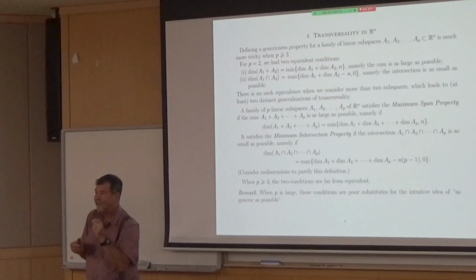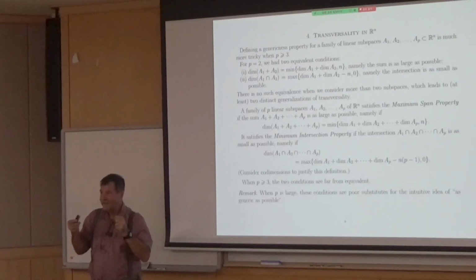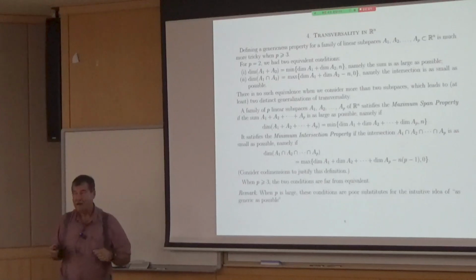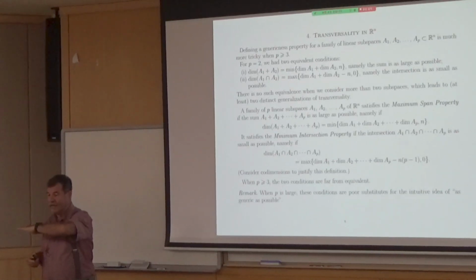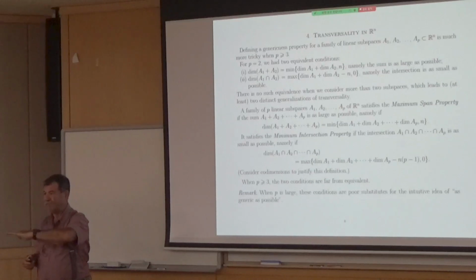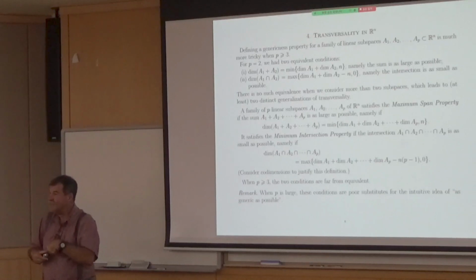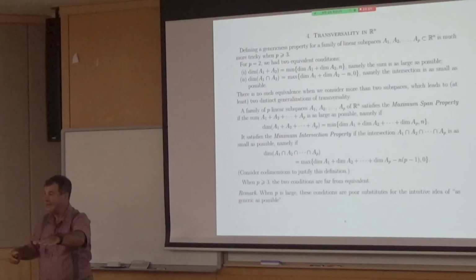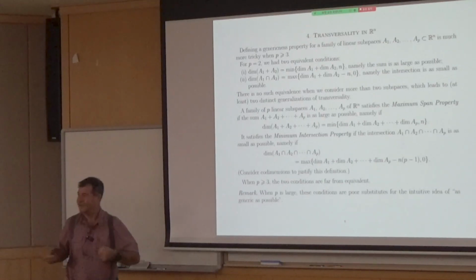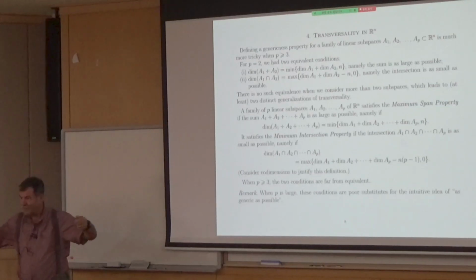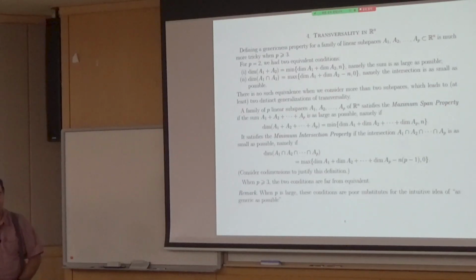I mean, if it were in generic position, the intersection would be 0. Similarly, in R^3, if you take p lines which are in the xy plane, well, their intersection is 0. It's as small as possible. But clearly, the sum is the xy plane, which is not as large as you would like, because you would like it to be the whole space R^3.